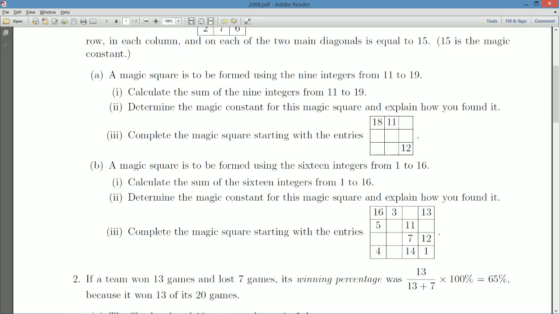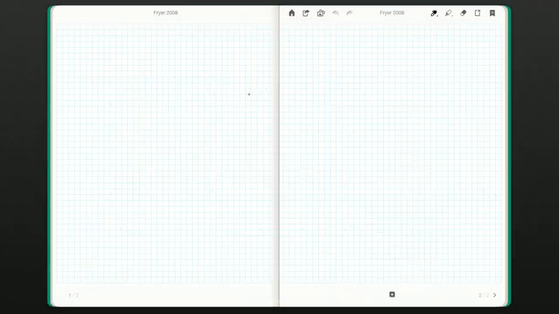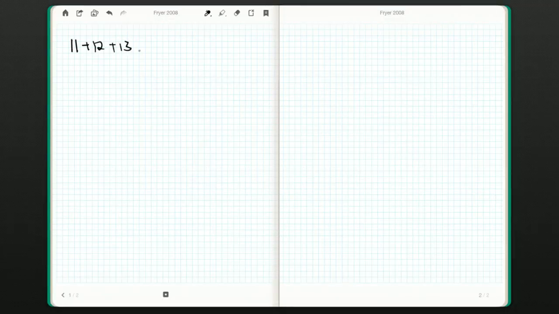Okay, so the sum of the 9 integers from 11 to 19. We could do that some fancy way, but there's only 9 of them, so we can just add them up, really. You can get your calculator out and just add these up.